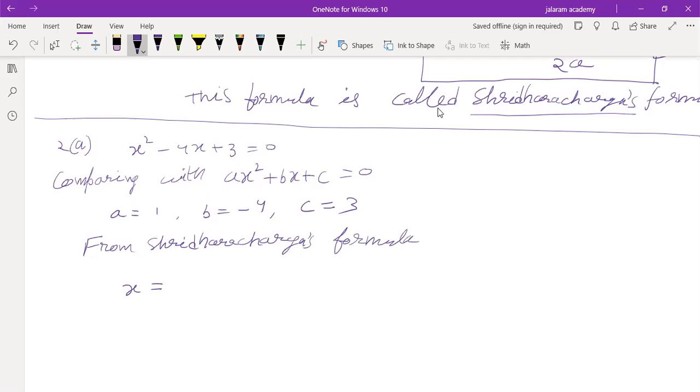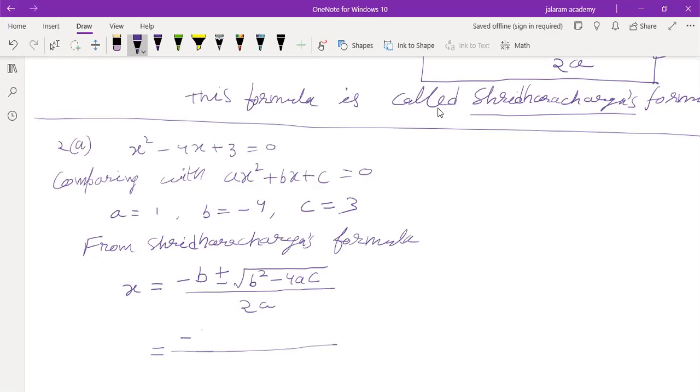x equals, what is the formula? Minus b plus minus root of b square minus 4ac over 2a. Okay, so it is equal to, always after writing equals to, draw the line just at the center of this equals line as I have drawn. Okay.